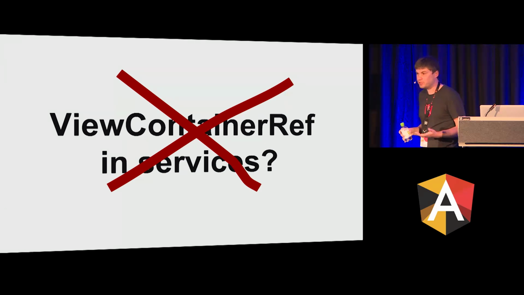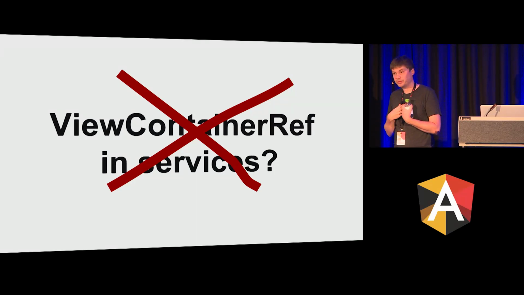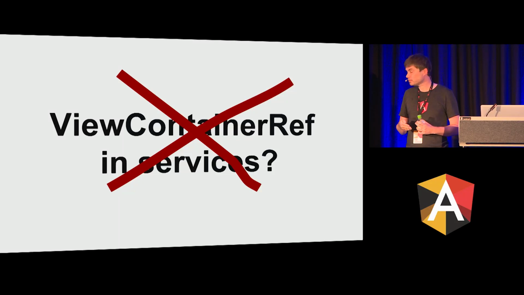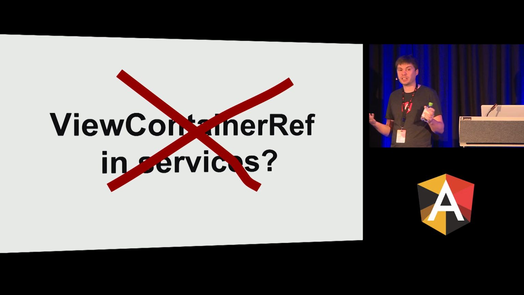And it makes sense because ViewContainer references are anchored in an element. If you are in a directive and I'm injecting ViewContainer, I know on which element I am. But if I'm in a service, there's absolutely no way of knowing, so having access to the ViewContainer doesn't make much sense.